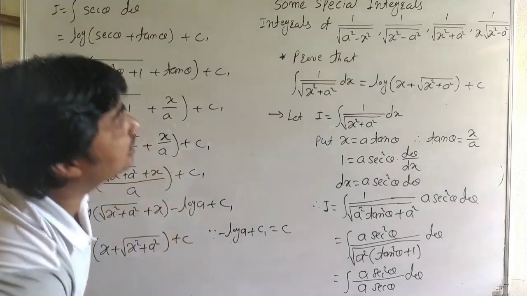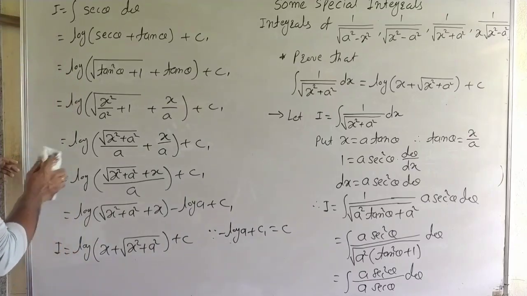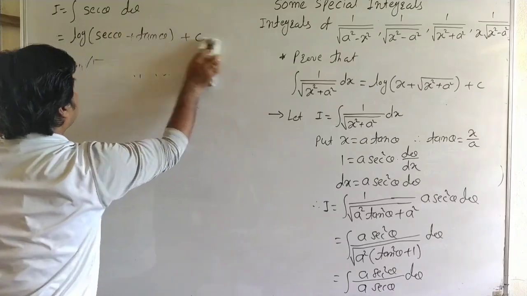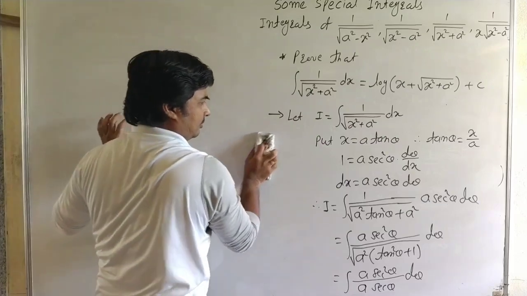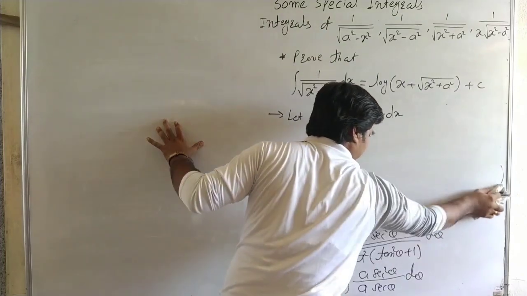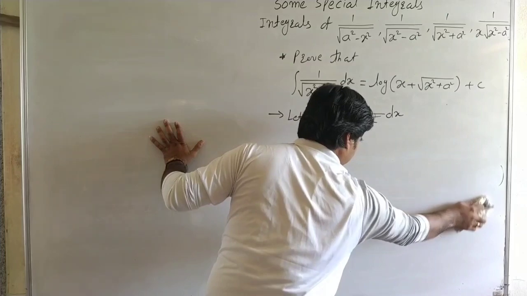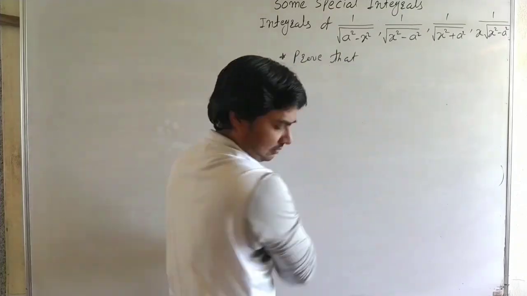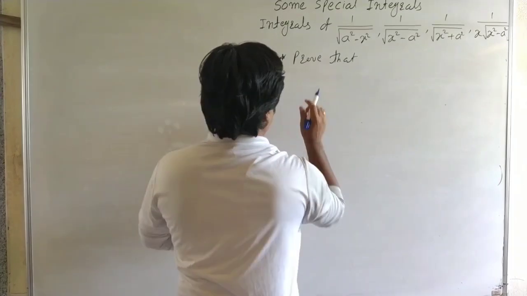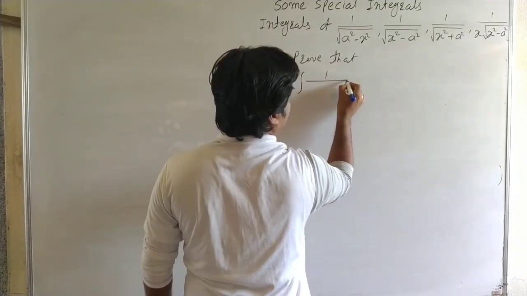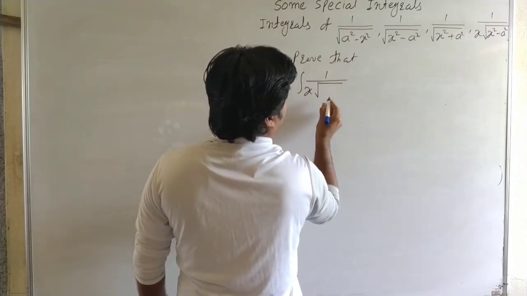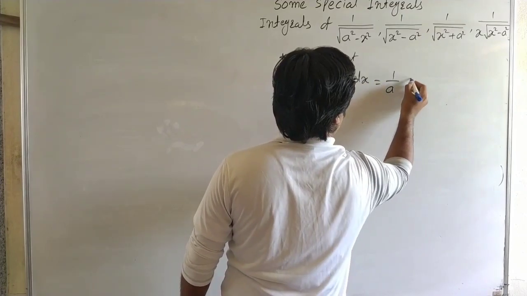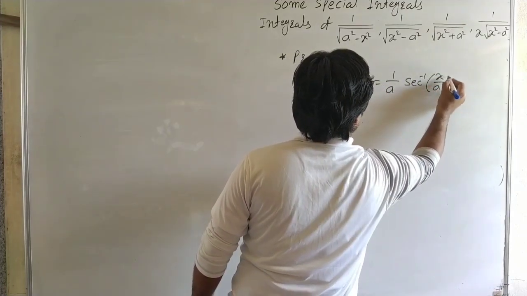Now we see the last proof, that is 1 upon x into under root of x square minus a square dx is equal to 1 by a sec inverse x by a plus c.